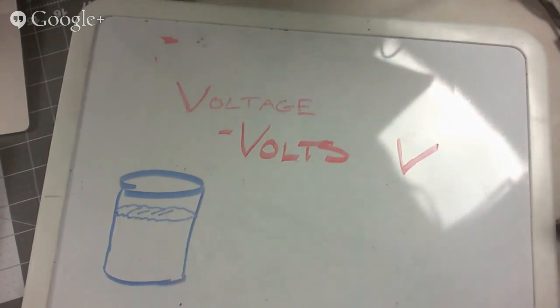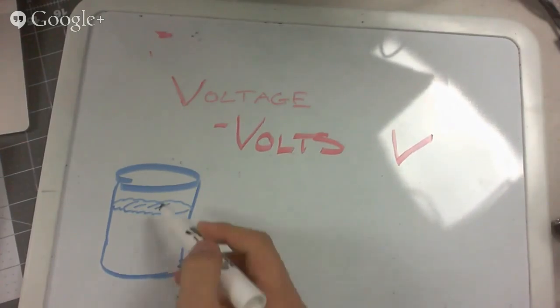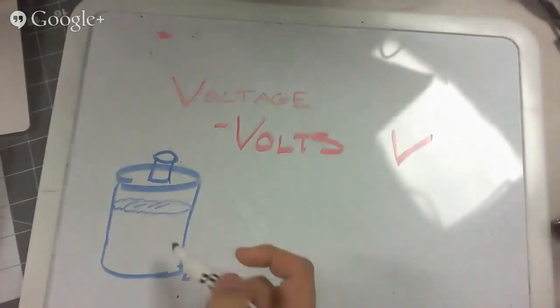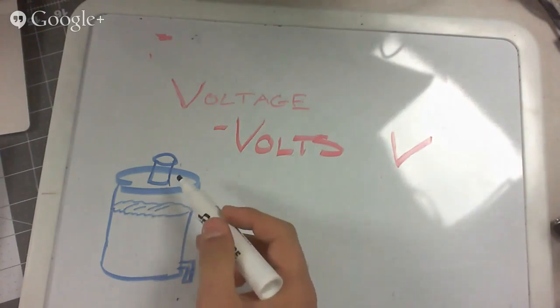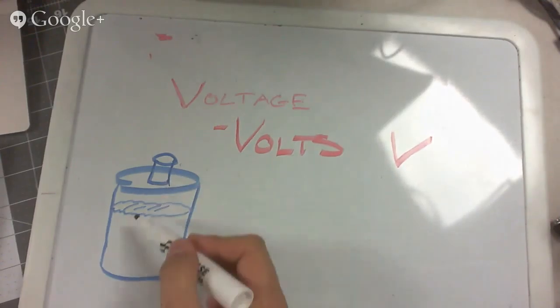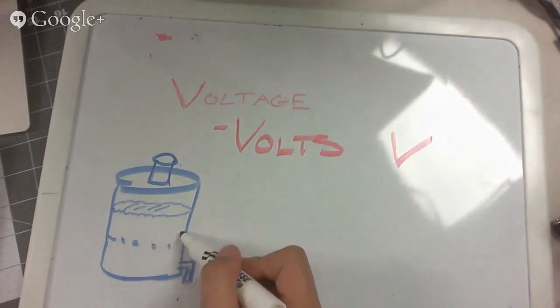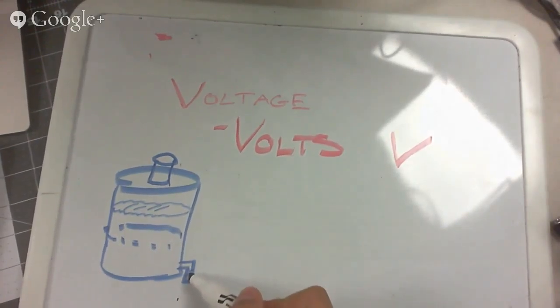The more water in that barrel, the more pressure at the bottom, if I had a little valve out here. This is the same thing if I made this into a battery, so we'll put the little terminal up here. Different energy sources have different voltages. So think of it as the level in the barrel of water. More water, more pressure at the bottom.